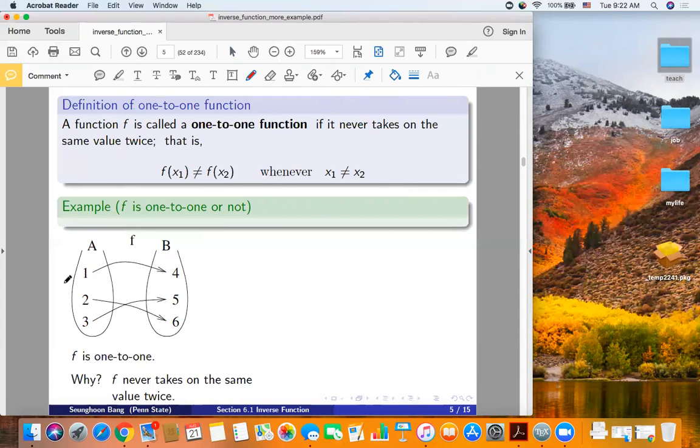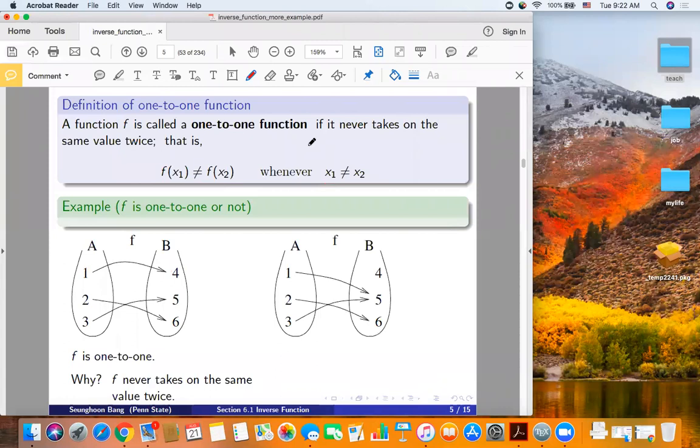You choose different numbers 1 and 2. What happens? Function values 4 and 6. Yes, different numbers. You choose different x values, they go to different function values. This is one-to-one.